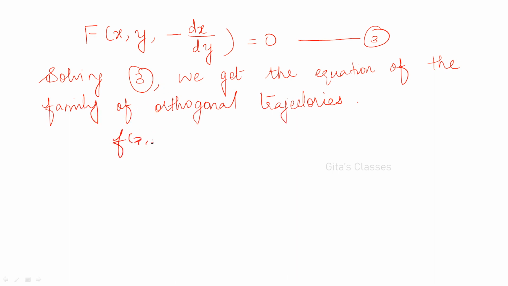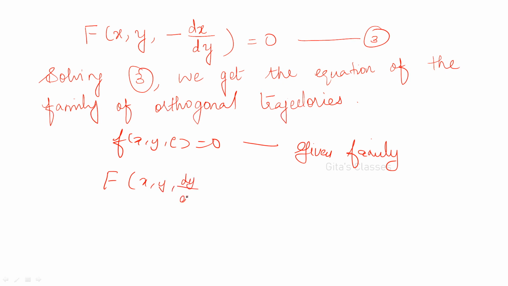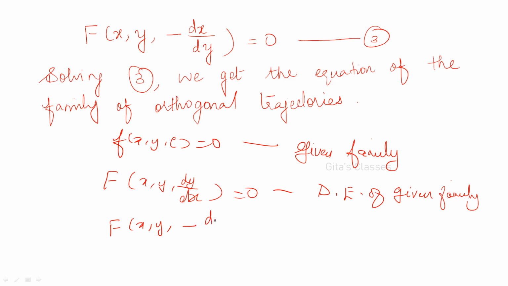So f of x comma y comma c will be given, that is the given family. Then form the differential equation f of x comma y comma dy by dx is equal to 0. This is the differential equation of the given family. Then replace dy by dx with minus dx by dy, that is capital F of x comma y comma minus dx by dy is equal to 0.